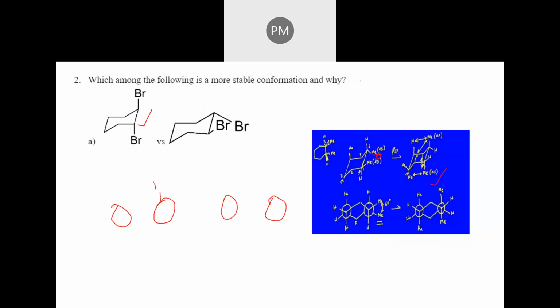So one methyl group or bromide group will be here, and the other here. Just replace this methyl by bromide and draw like that.